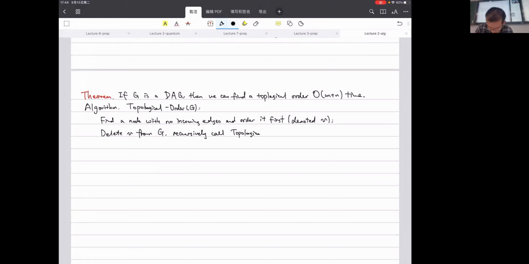Topological order, but since we have deleted the node with no incoming edges, this is going to be G minus v. So we take this away, and after we have called this algorithm recursively, we append this order after v.